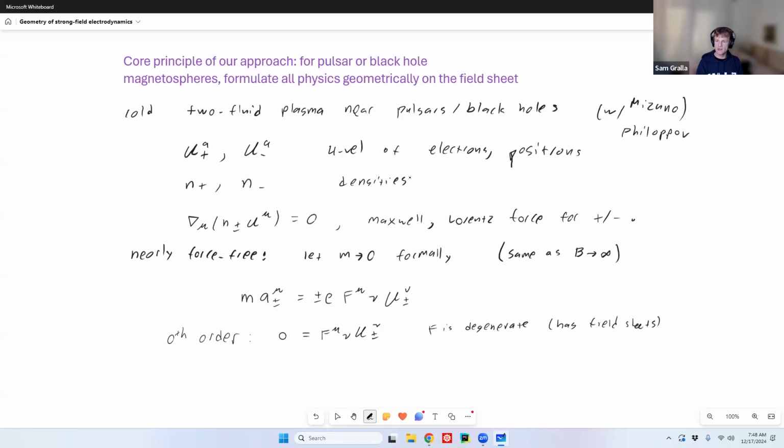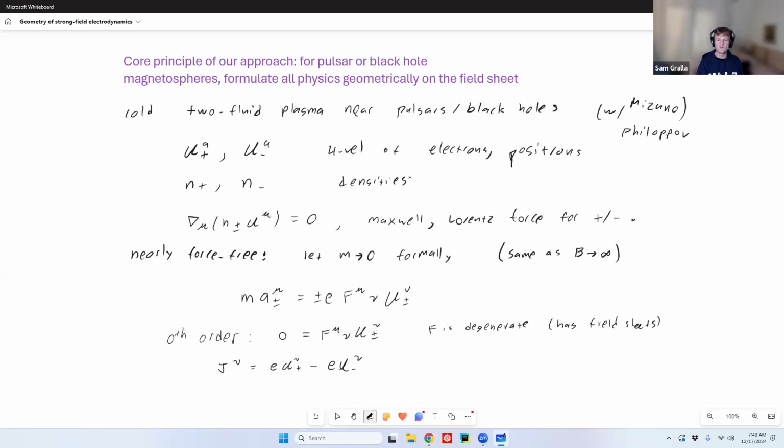To see that, we have to remember that we can construct the electric current, J mu, from the positron current plus the electron current, U minus. It should have been the same index on both sides.